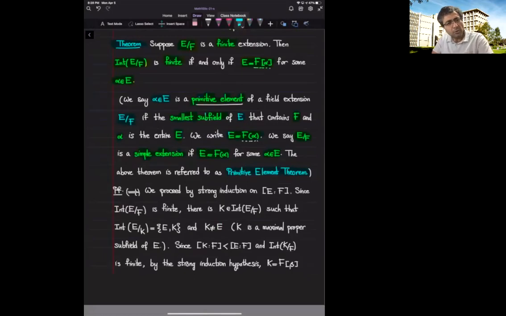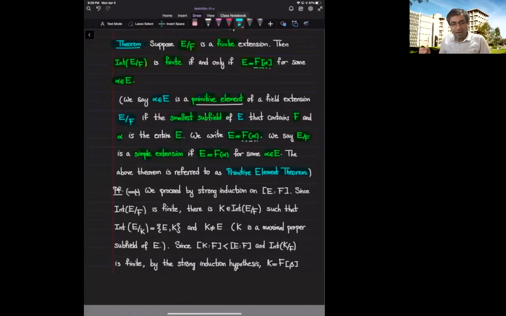Okay, I'm going to proceed by a strong induction on the index of this field extension. Knowing that there are only finitely many intermediate subfields between F and E, I can go up, up, up till I cannot go further.